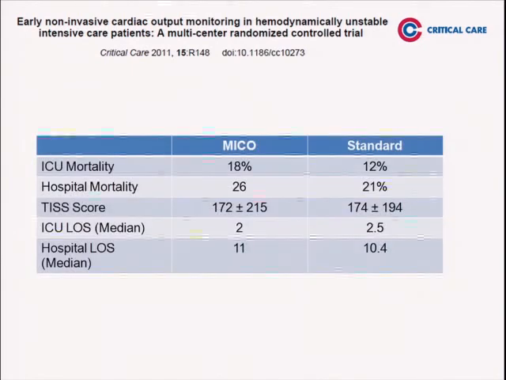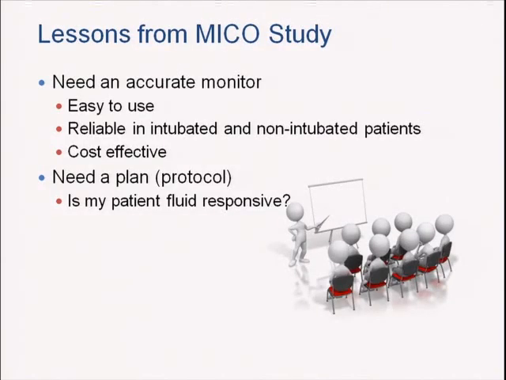And indeed, if one looked at secondary outcomes of ICU mortality and length of stay in the ICU, they were worse with this non-invasive device. So I think the lessons from the study are, one, if you use a device, it needs to be accurate. You need to be able to use it in both intubated and non-intubated patients alike, which is a big drawback with some of these devices that use stroke volume variation.